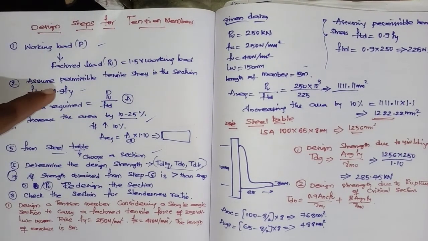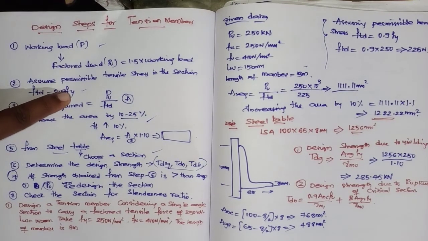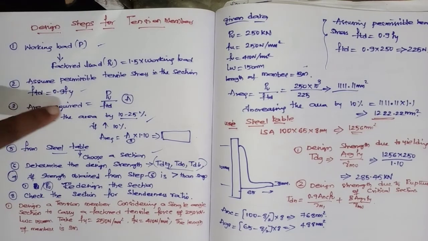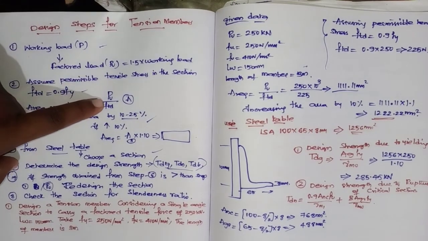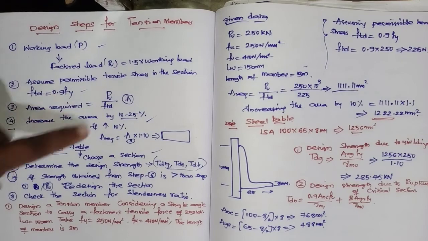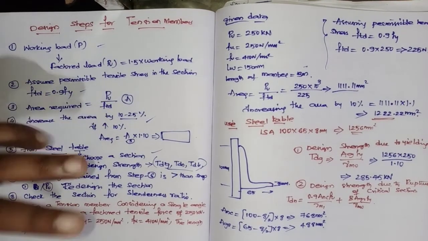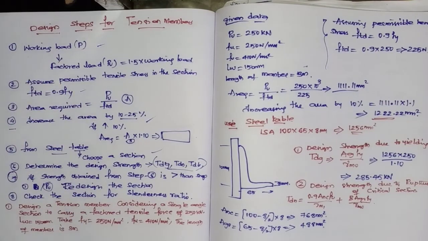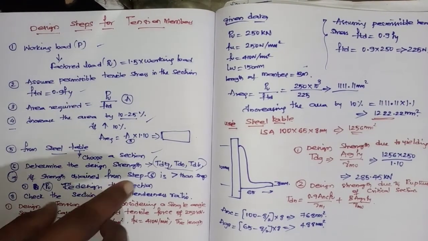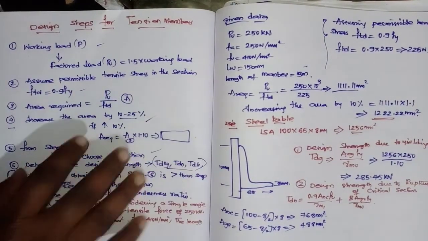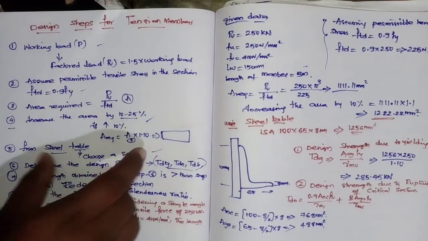Next, assume the permissible tensile stress, that is FTD, which equals 0.9 times fy. Based upon that, area required equals Pu by FTD. Increase the area by 10 to 25%. In general, 10% is more than enough. Then from the steel table or SP6 you choose the section.